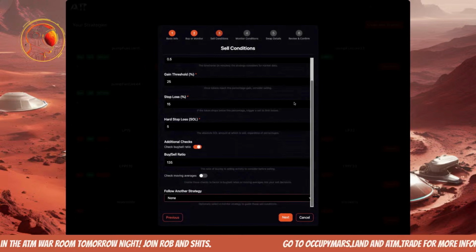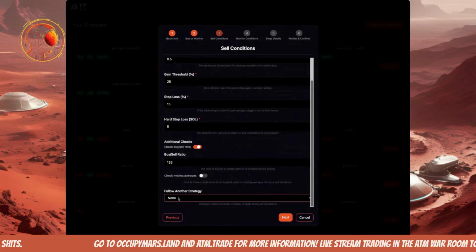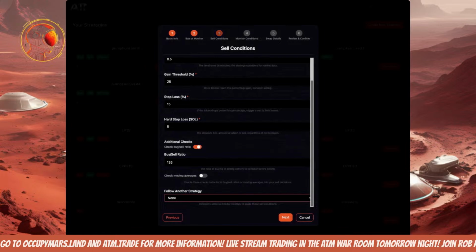Determine what happens after you sell it. You can either keep it in the same strategy or you can send it to another strategy. So let's say that for my initial buys, I set things up one way, but after that initial buy I throw it into monitoring, I want to set it up on a different set of strategies. I want to set it up to look at it differently and to react to it differently and get those different triggers.